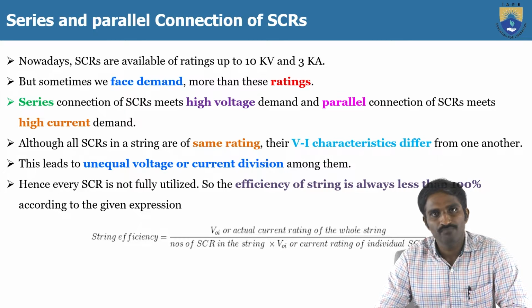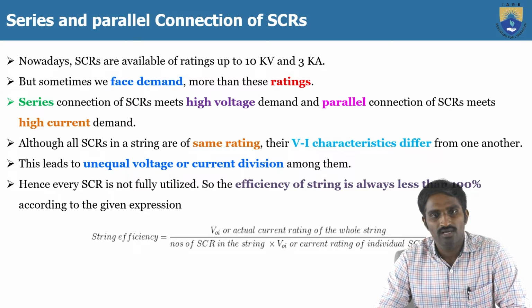Although the SCRs in a string have the same rating, the VI characteristics of the SCRs are different from one another, because the voltage sharing between the two SCRs may or may not be equal. So the SCRs are not fully utilized.